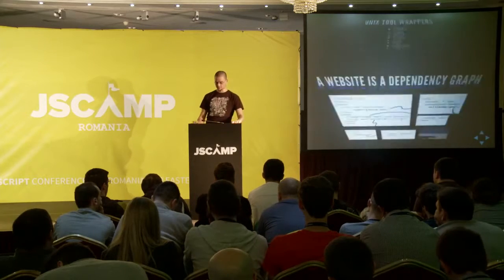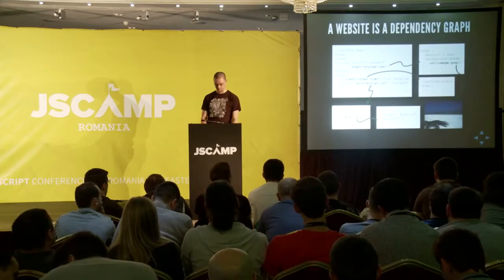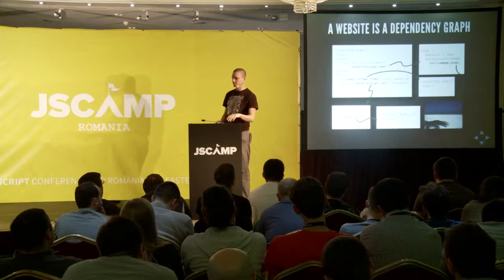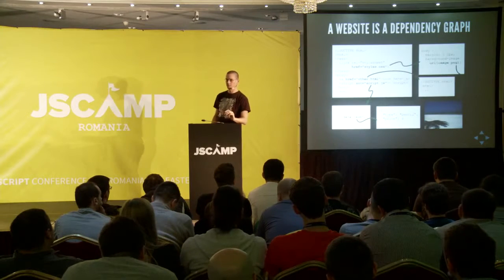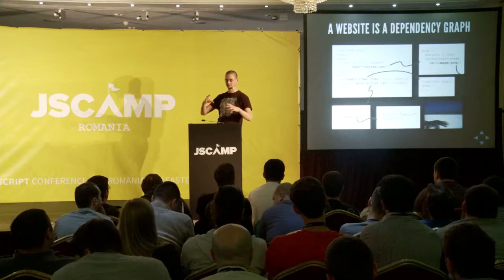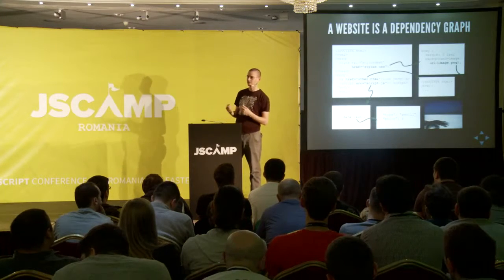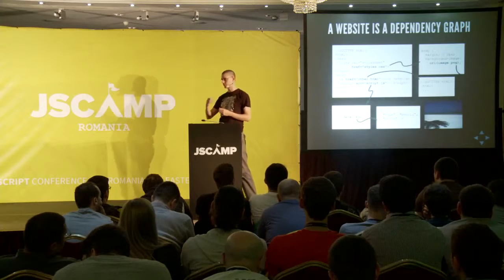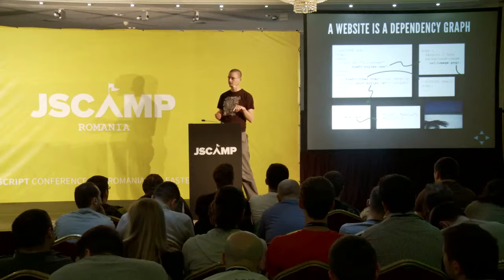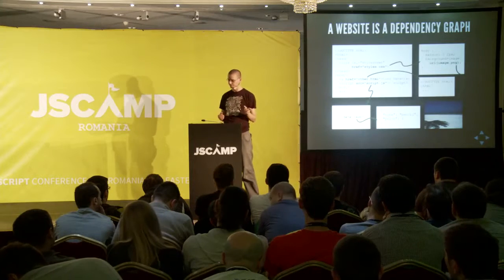The problem is that Unix tools don't apply well to things that are dependency graphs, where things depend on each other and have relations between each other. Because when you rename a file, you also need to make sure that everything that's pointing at it is updated as well.